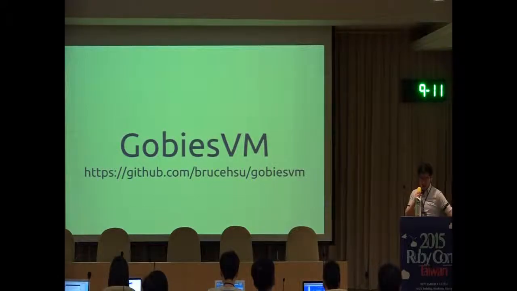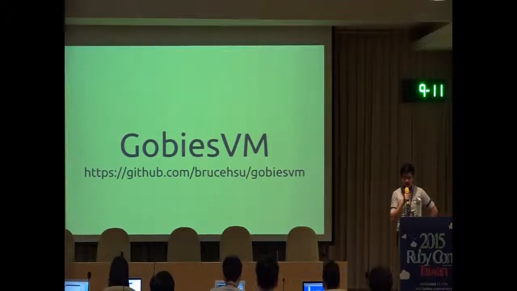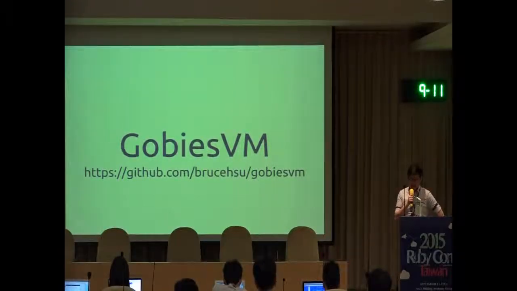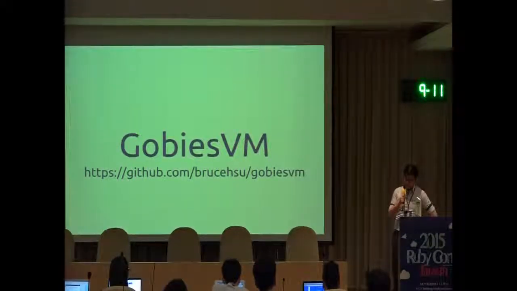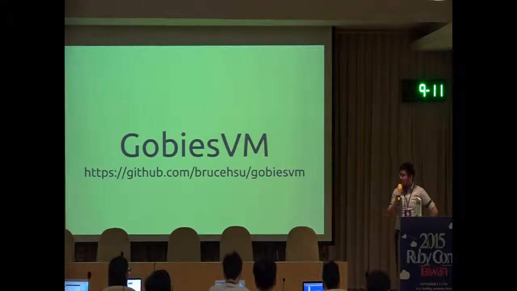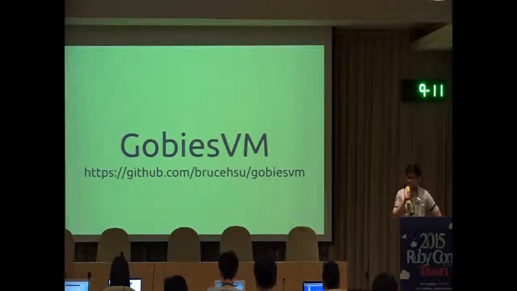In fact, I talked about how it is done in detail in the last RubyConf. So if you are really interested and want to know more about it, you can always check the video for the talk I gave last year.